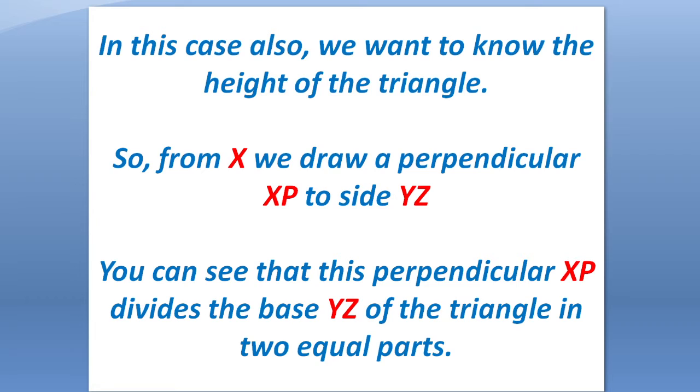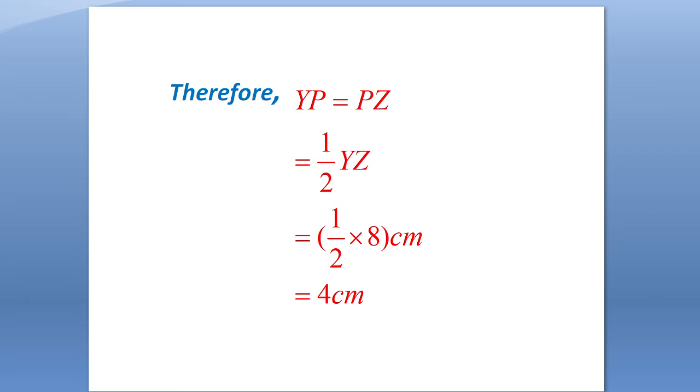You can see that this perpendicular XP divides the base YZ of the triangle into two equal parts. Therefore YP is equal to PZ is equal to 1 half YZ, 1 half into 8. So YP and PZ are both equal to 4 centimeters.